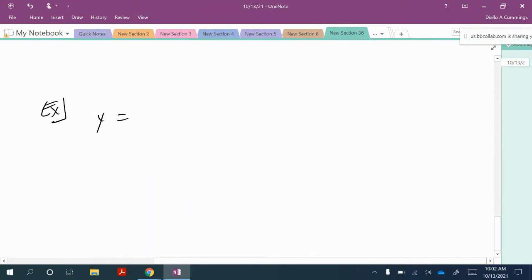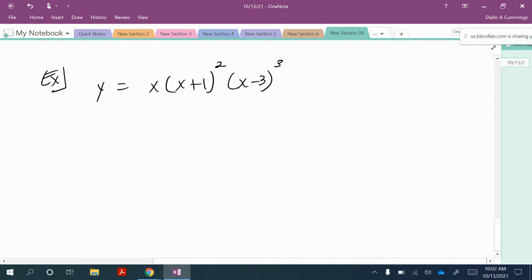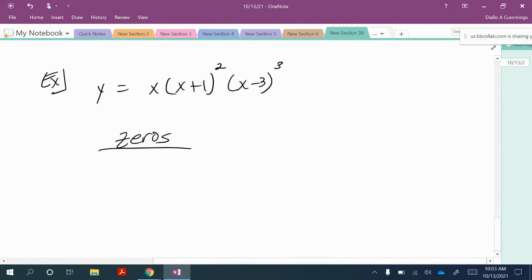You'll see something that says y is equal to, let's say, x times (x plus 1) squared times (x minus 3) cubed. And then we'll have a chart, and it wants the zeros and the multiplicity.